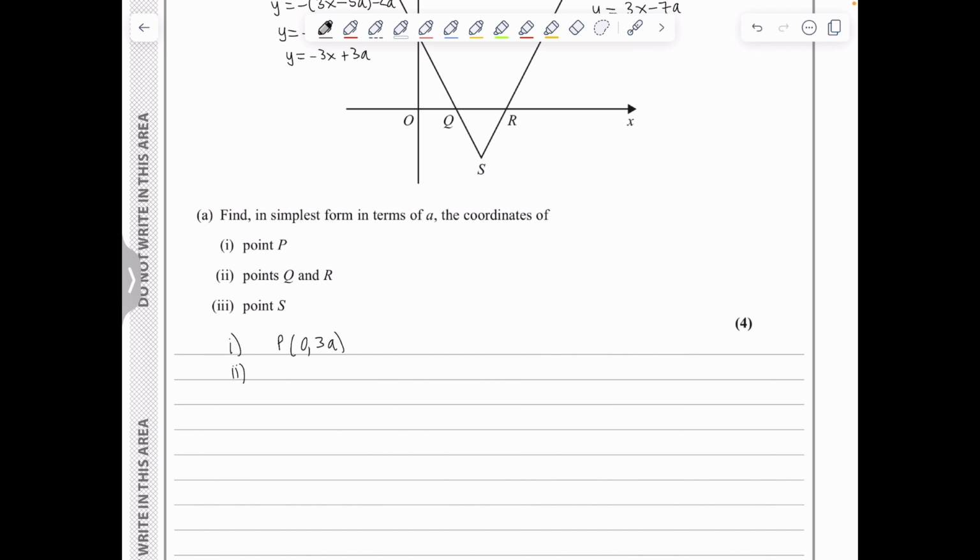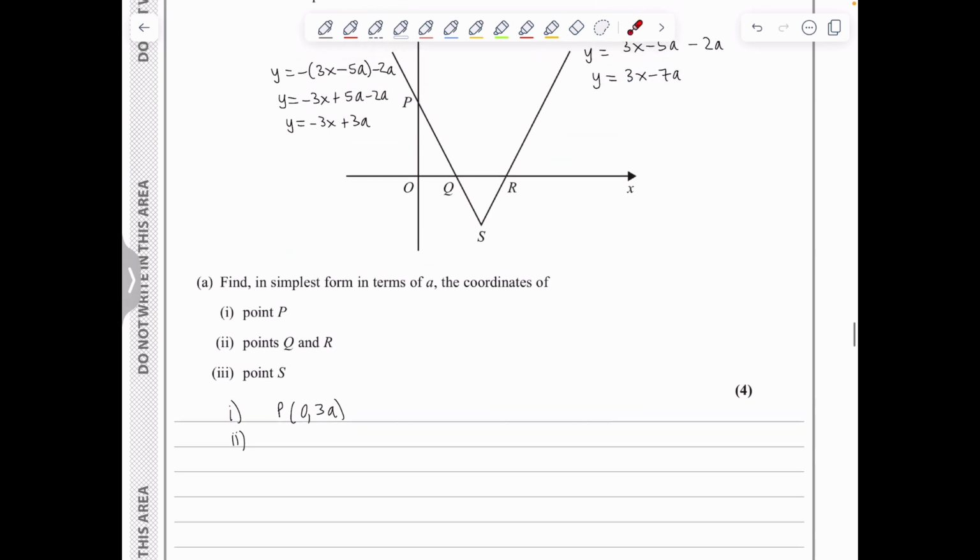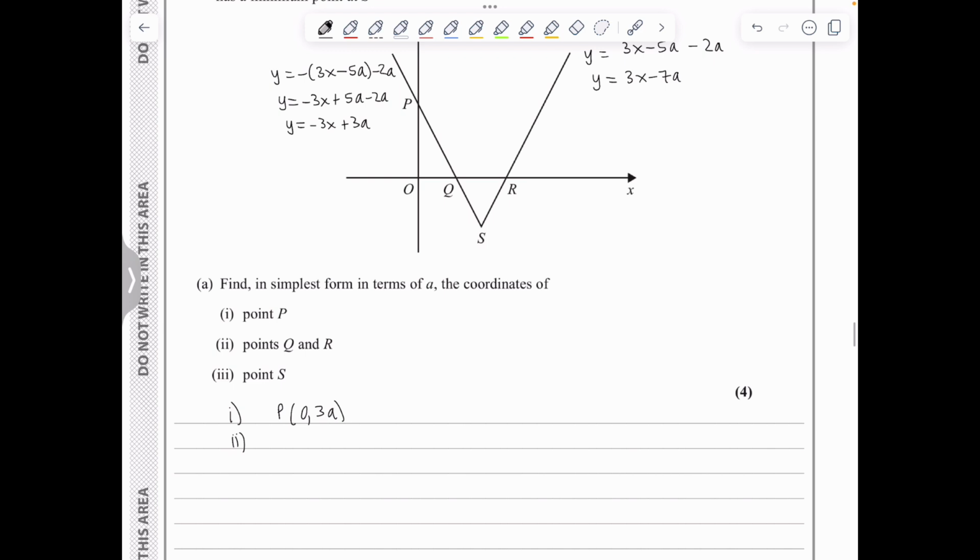Whereas for the point Q, it's the cut on the x-axis for this line here. I will be setting y to be 0, which means we've got minus 3x plus 3a is equal to 0. So we've got 3a is equal to 3x, which leads to a being x, and therefore we conclude that point Q has coordinates a, 0.